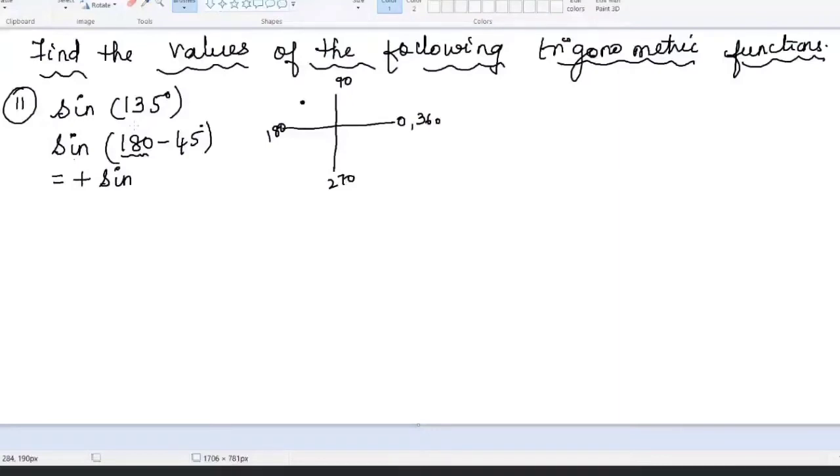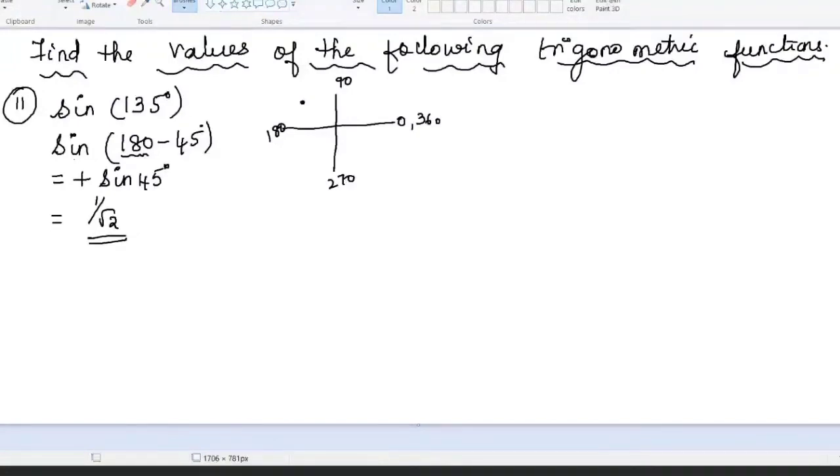And who is the cofunction of sine? It is cos. So if you write 90 plus, then you would get cos 45. Doesn't matter here. So now you got sine 45. So what is the answer? Sine 45. You know the table of standard values: 0, half, 1 by root 2, root 3 by 2 and 1. So we have sine 45, and that is equal to 1 by root 2.